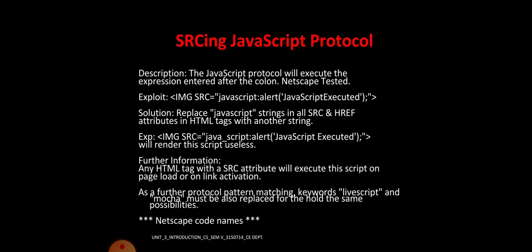Here you look at an example. An HTML tag with a source attribute will execute the script on page load or on link activation. As a further protocol pattern, matching keywords LiveScript and Mocha must also be replaced, and they hold the same possibilities, like Netscape code names.